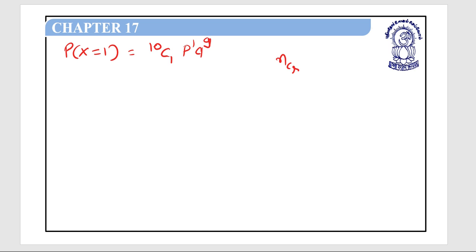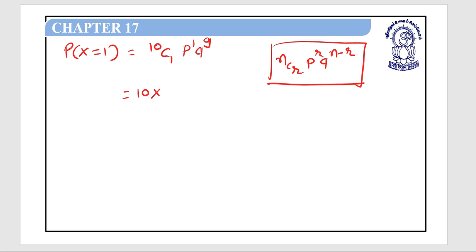Here the formula is nCr p raised to r q raised to n minus r. Put in the values: 10C1 means 10, into probability 1 by 8, into, instead of q write 7 by 8 raised to 9.